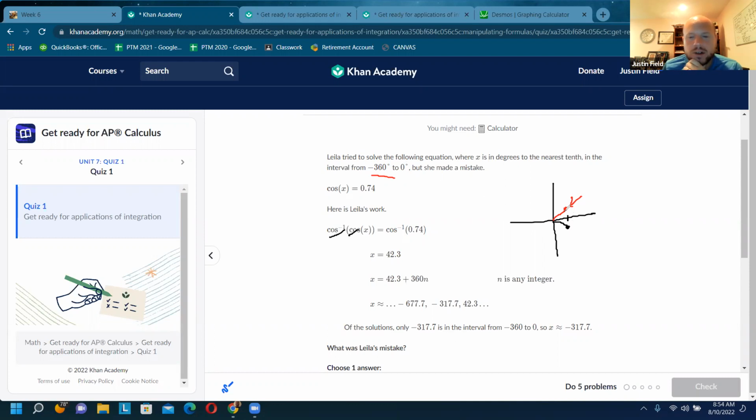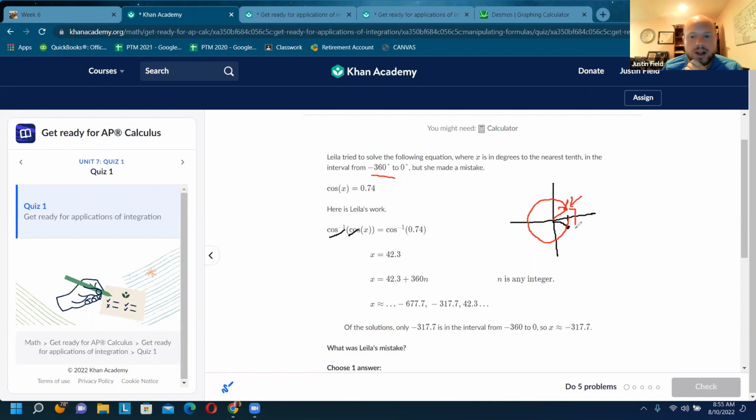So actually, this is the one she got. We rotate negative 317, then we get right here, and that's fine.